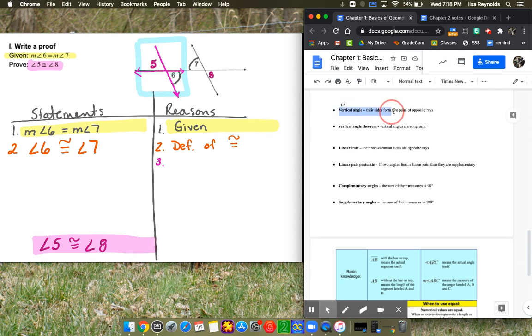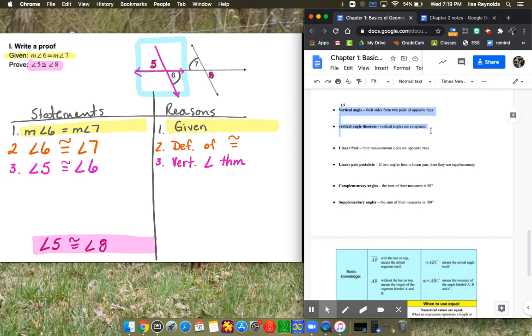I see that I have vertical angles. Both pairs, or their 2 sides, form opposite rays. And the vertical angles theorem is going to tell me that they are congruent. So my vertical angles theorem is going to give me that my angle 5 is going to be congruent to angle 6.